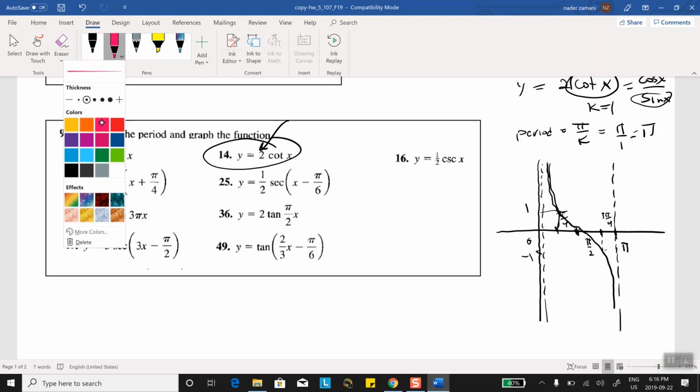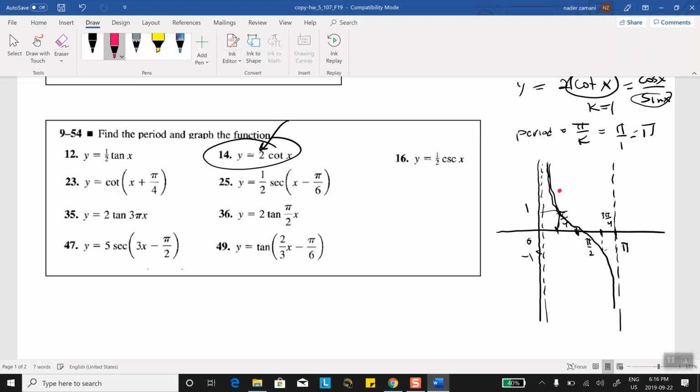So, for example, this point which had a height 1 is going to go to height 2. This height which had a height 0 stays there. And this height which was minus 1 goes to minus 2. So can you visualize this? The function goes to infinity, goes to 0, goes to minus 2, and then goes to infinity.